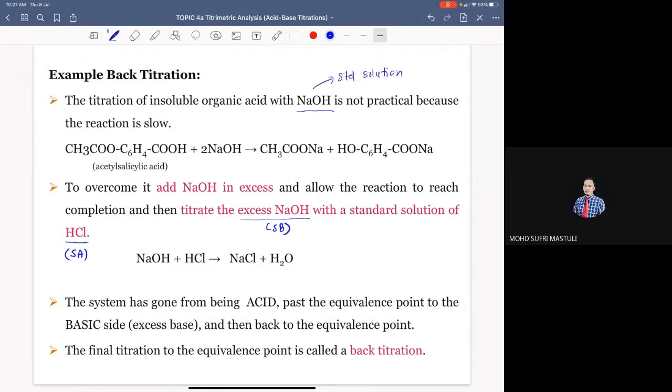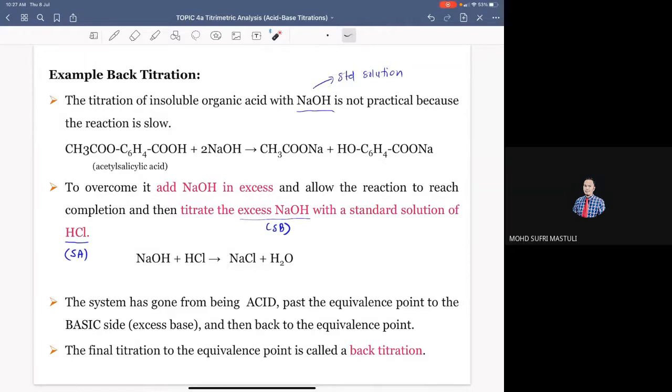So this is the chemical equation for the second titration. During the back titration, sodium hydroxide reacts with hydrogen chloride to form sodium chloride and water.